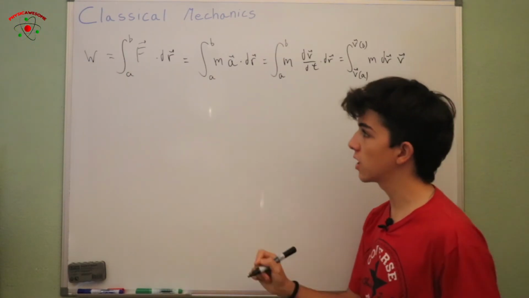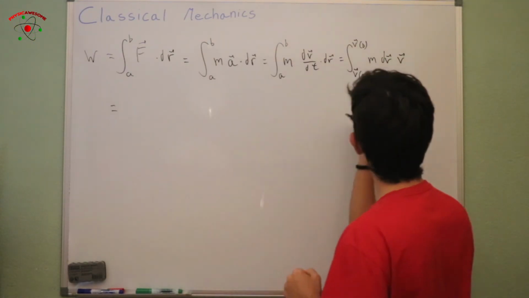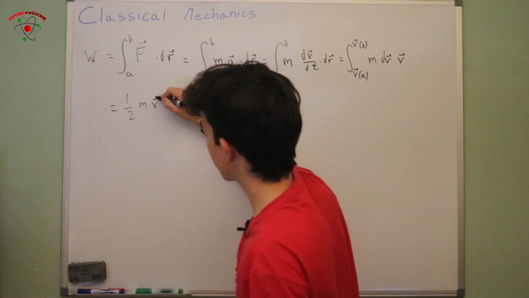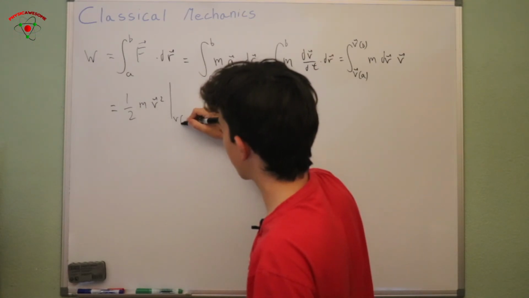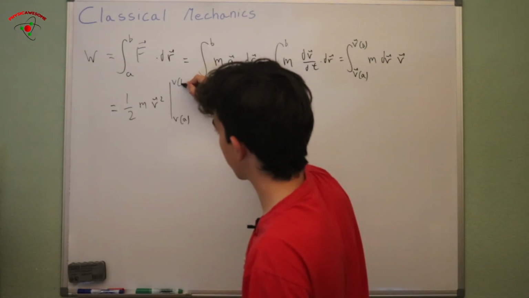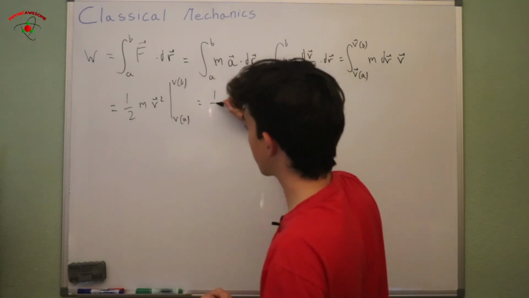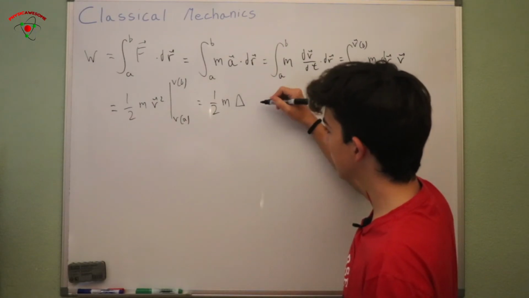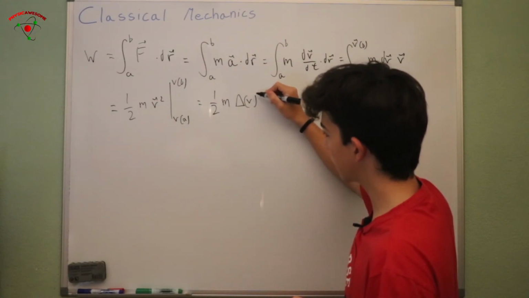Therefore, we can carry out this integral and we find it is 1/2 m v squared from v_A to v_B, which is no other thing than 1/2 m times the variation of v squared.